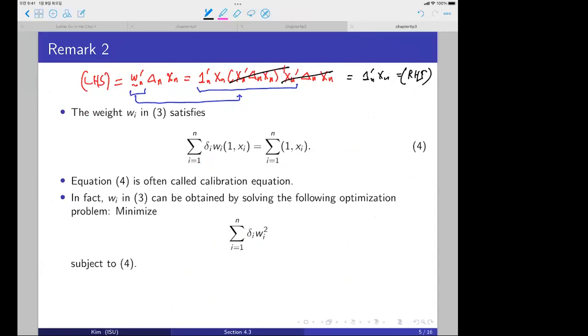Another way of understanding is something like this. Suppose this is your original data, linear regression.